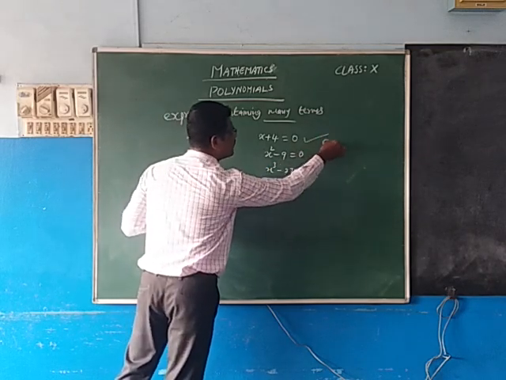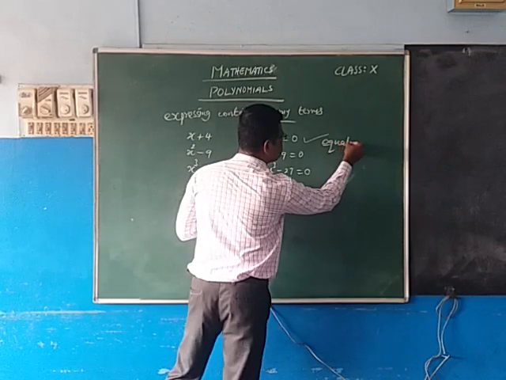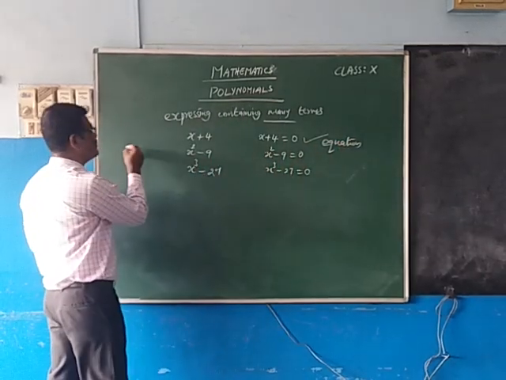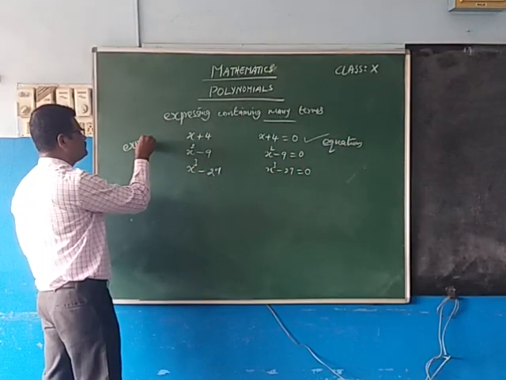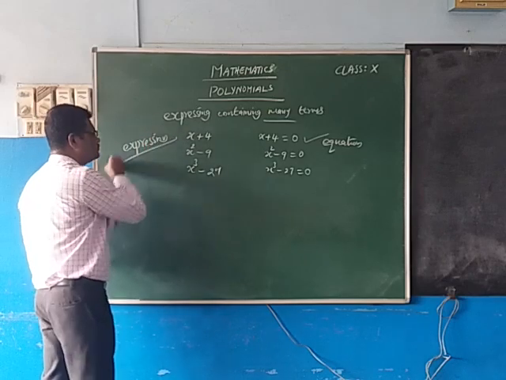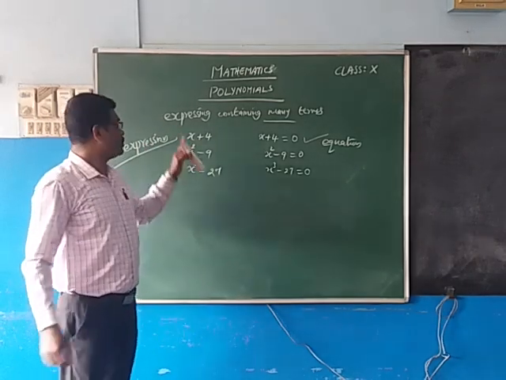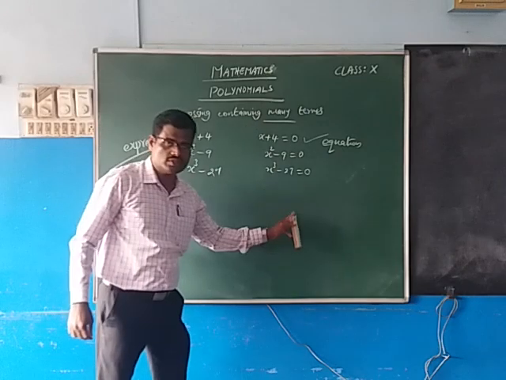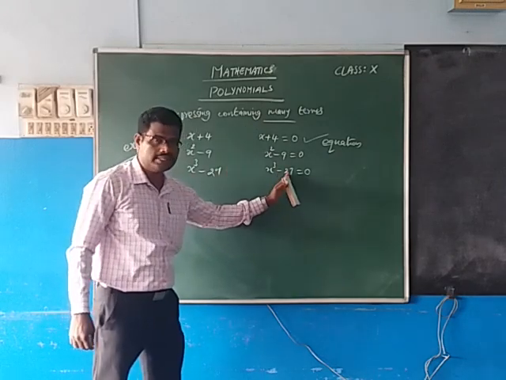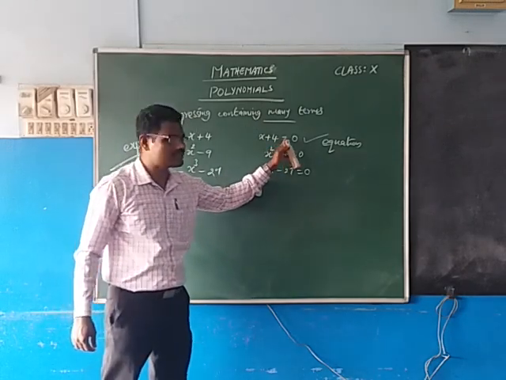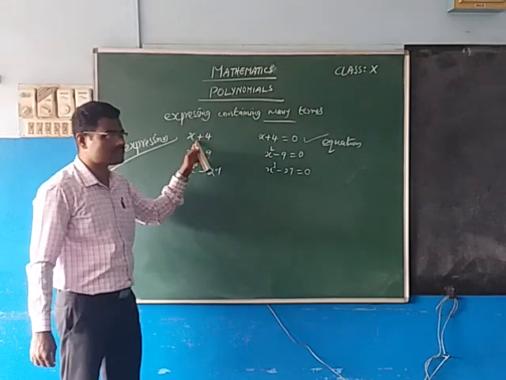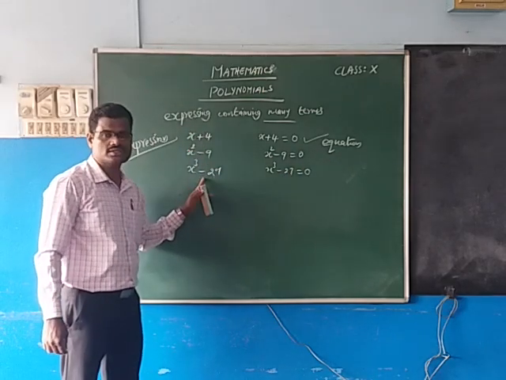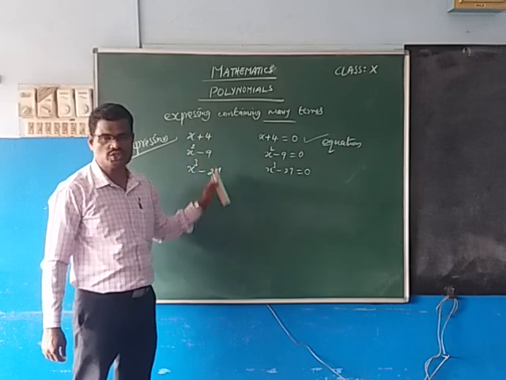This is called an equation, whereas the earlier ones are called expressions. It looks the same. A statement containing an equal sign is called an equation. If there is no equal sign, if it is plus or minus, then it is called an expression.